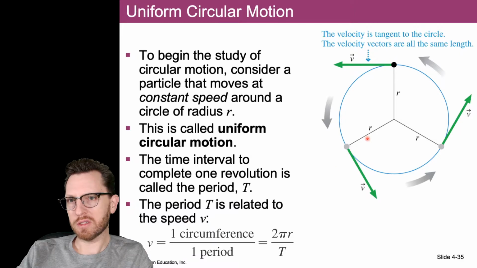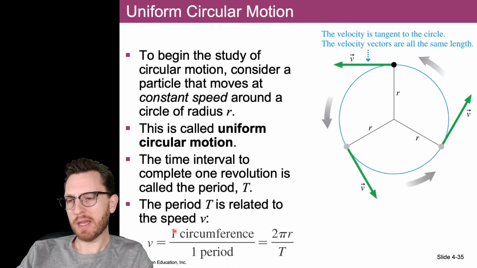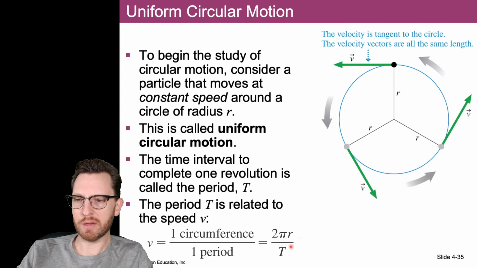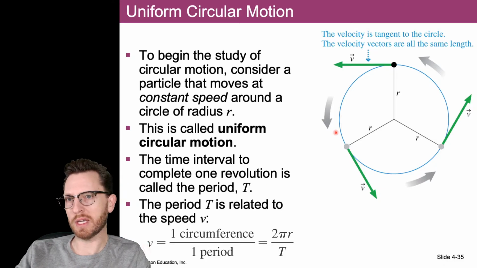I could measure the circumference, the total distance that I travel when I make one circular path. And if I divide that by the period, the time that it takes to make that circular path, then I should have the speed that the object has at any instant in time. This is a distance divided by the time that it takes my object to cover that distance, and so I get the speed that the object has to be traveling with during this motion.